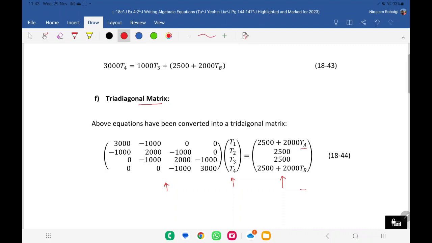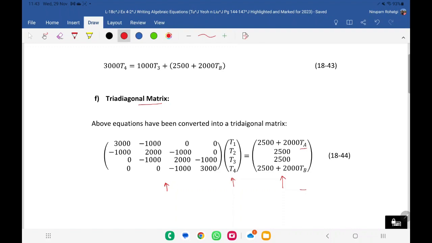But one thing beautiful about this whole thing is where you have to note, and from where we will start the next thing, from the next lecture, that this matrix is a special matrix. Right? It is called a tri-diagonal matrix.